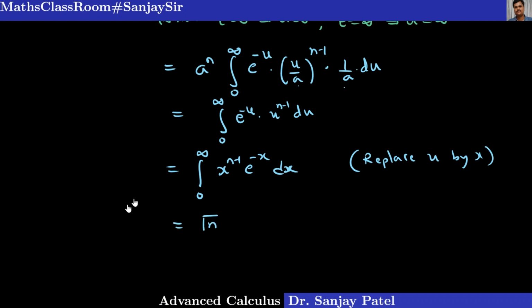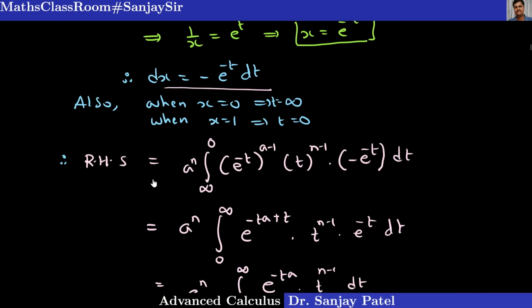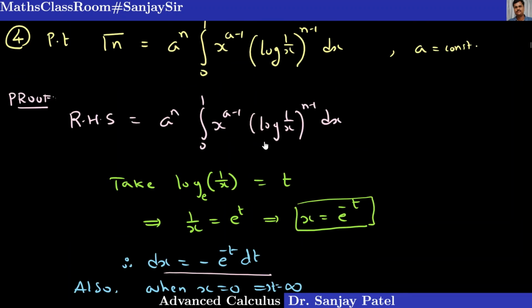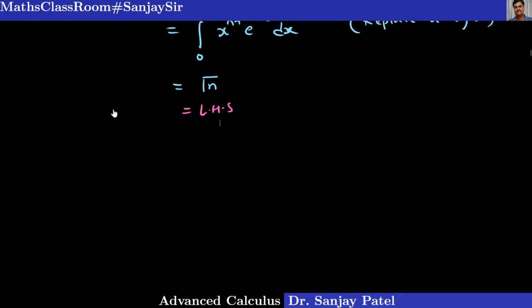So I have proved that this is equal to LHS. Okay, so the result is proved. What I have proved is gamma n is equal to this integral right hand side. Okay, so we have proved right hand side is equal to left hand side. Fine. Let me rewrite that result.